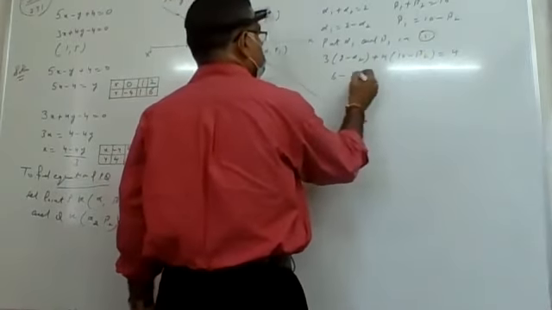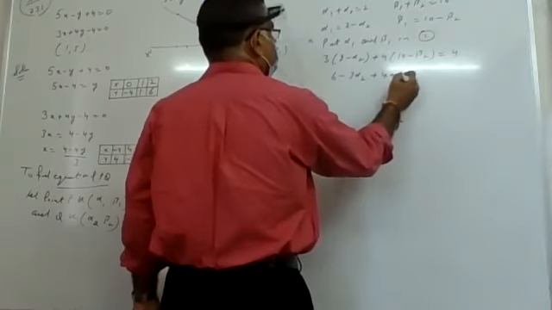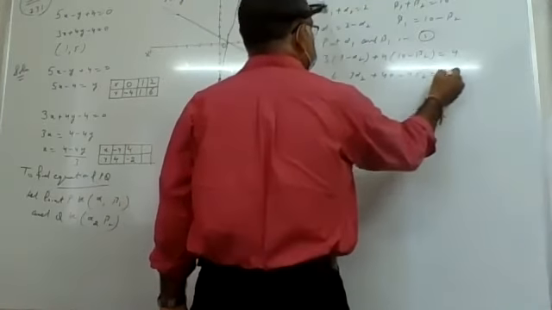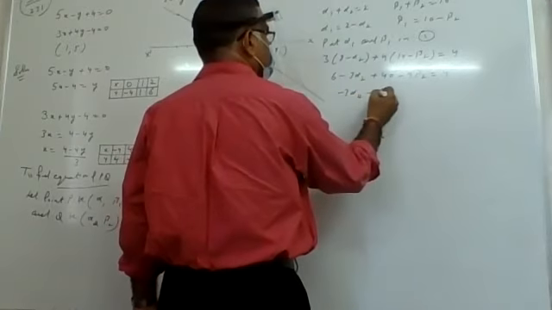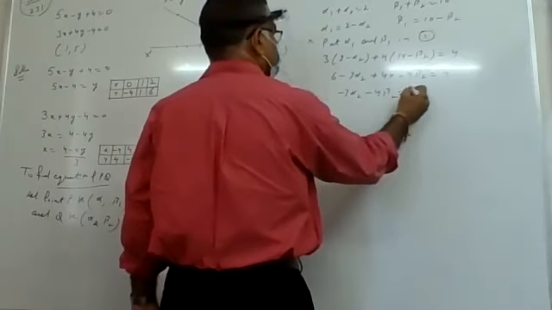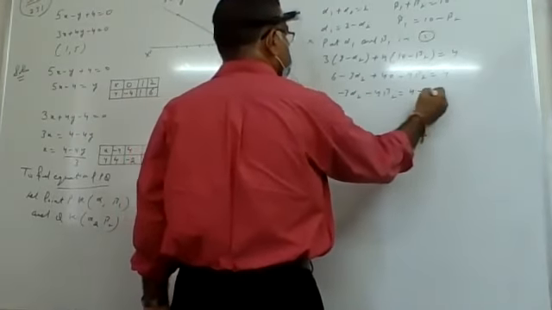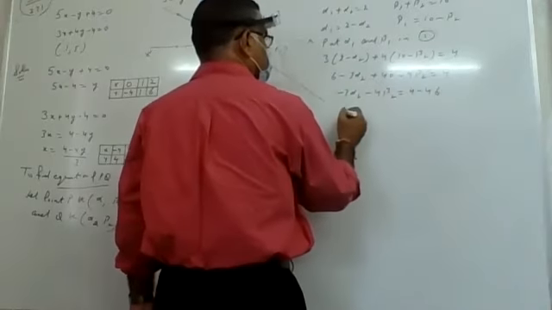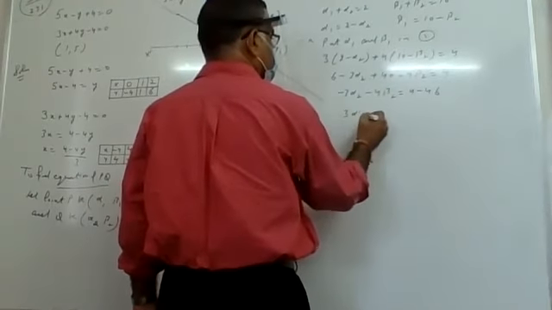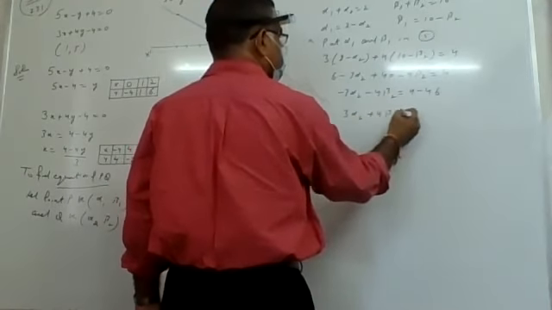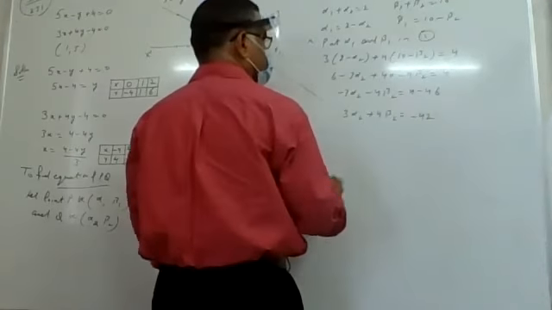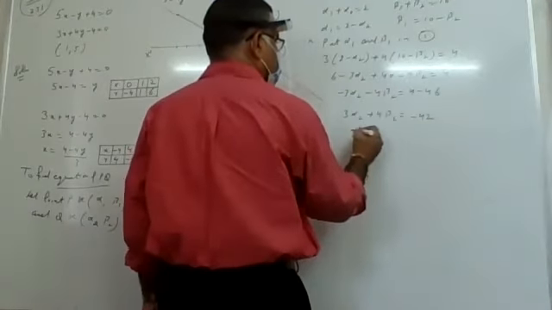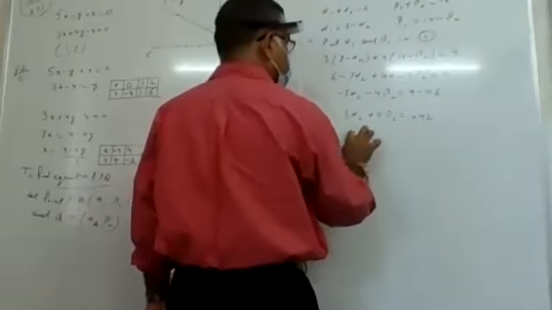So 6 minus 3 alpha 2 plus 40 minus 4 beta 2 is equal to 4. Minus 3 alpha 2 minus 4 beta 2 is equal to 4 minus 46. So this is 3 alpha 2 plus 4 beta 2 is equal to 42. Let it be number 3.